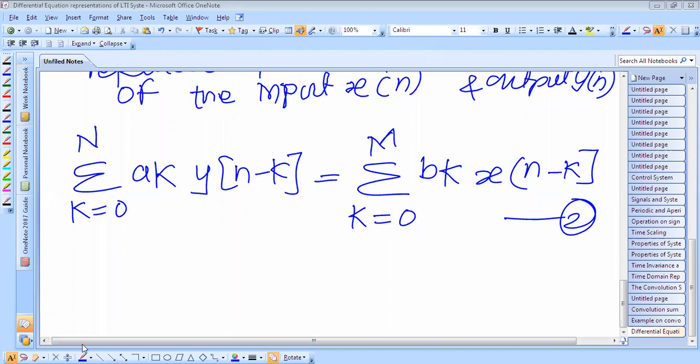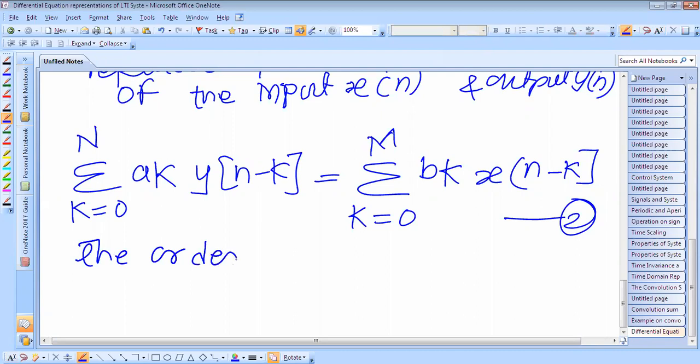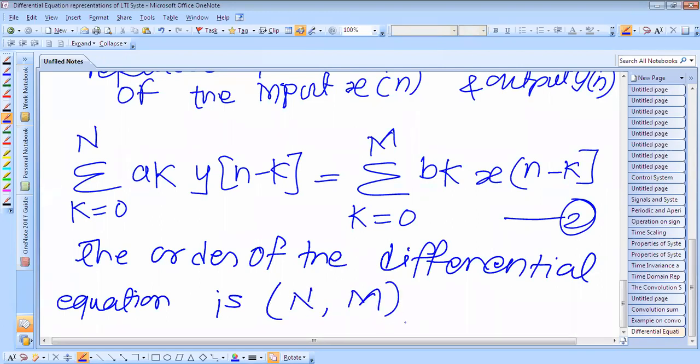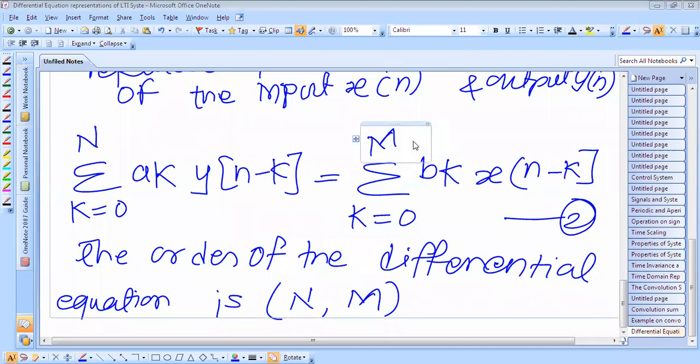This n, the order of the equation, represents the number of energy storage devices in the system.